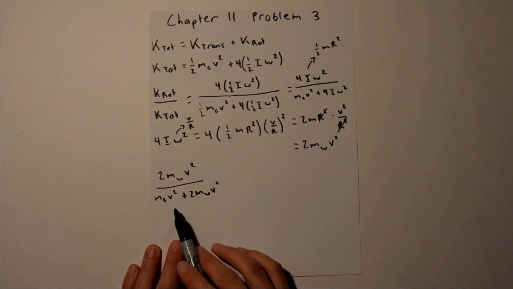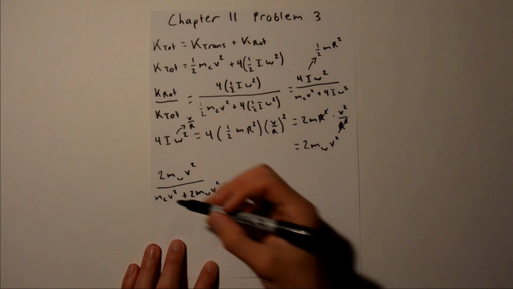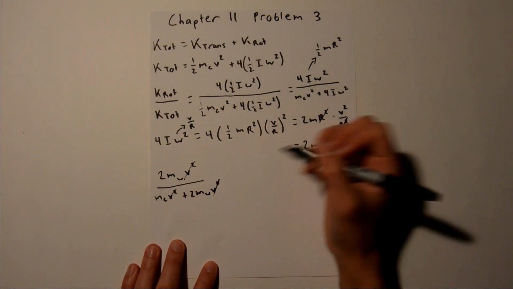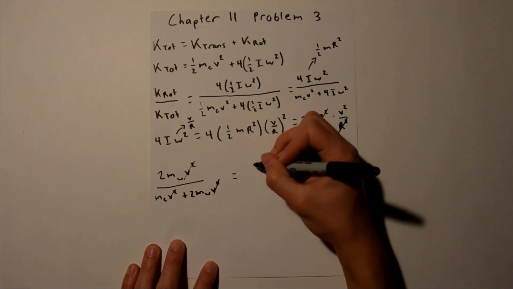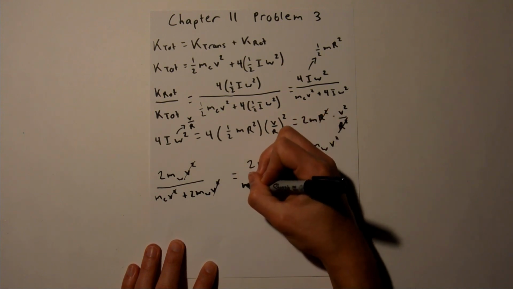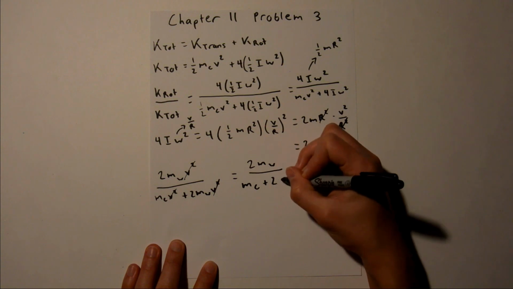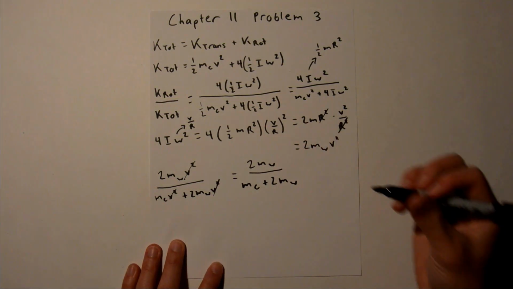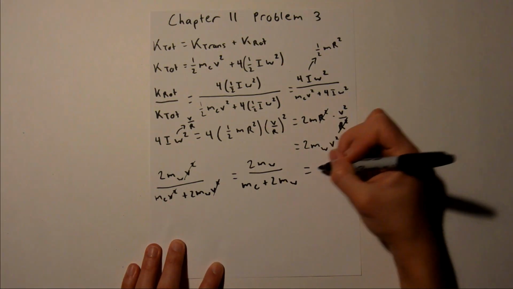And you can see that we have a velocity squared in every term, so we can cross those out. And we are left with 2 mass of the wheel over mass of the car plus 2 mass of the wheel. And all of those values we are given in the problem.